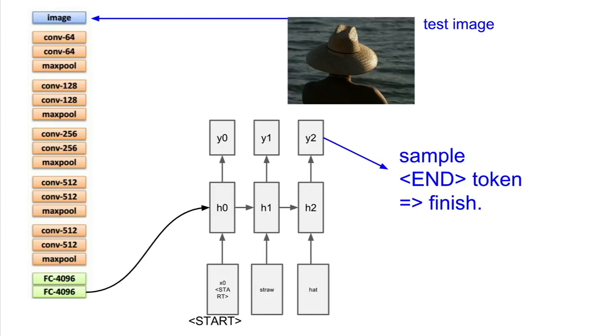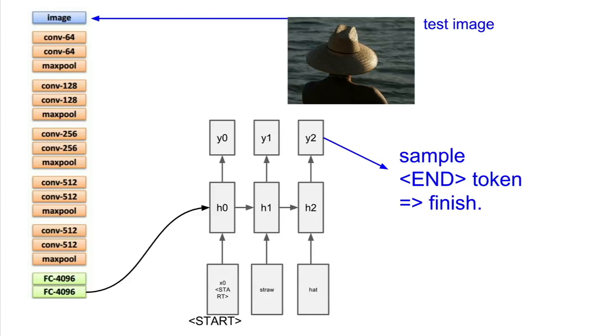And now during training, we put an end token at the end of every caption, so that the network learns during training that end tokens come at the end of sequences. So then during test time, it tends to sample these end tokens once it's done generating. So we train this model in a completely supervised way. You can find data sets that have images together with natural language captions.